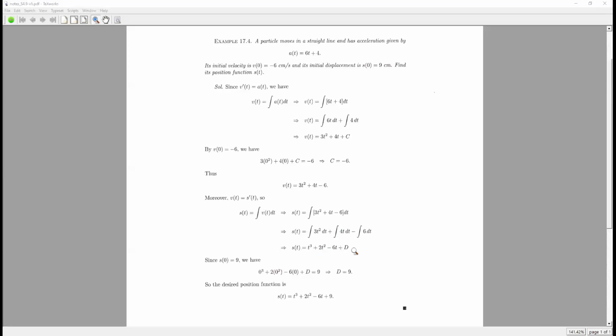Set the result equal to 9. Then I get this equation. Therefore, d is 9. So the desired position function is this function.